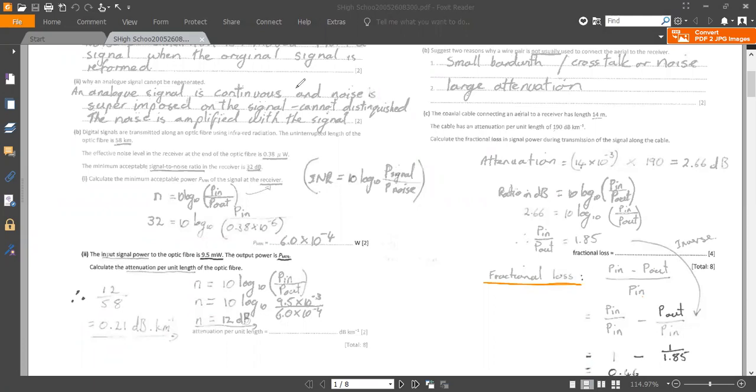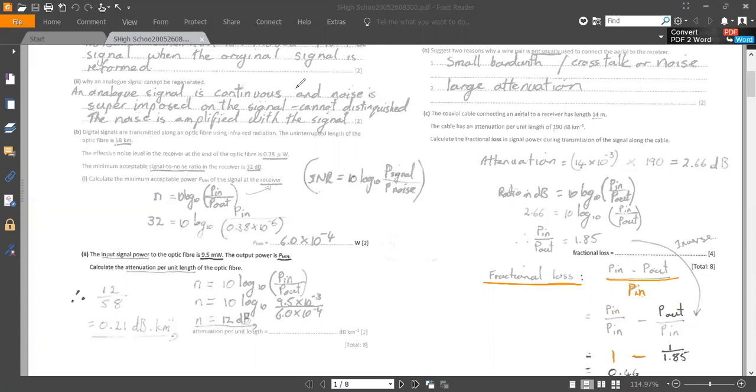Your power in minus power out is the difference over your original, your power in. If I split this equation into power in over power in minus power out over power in, the first term should give me 1 because it's the same value.